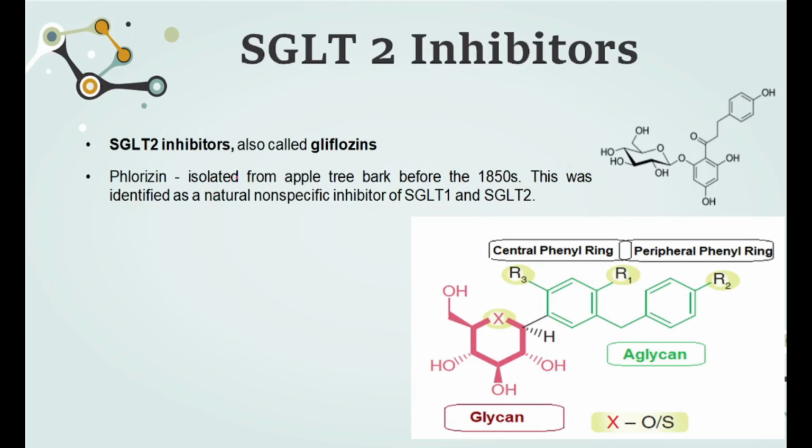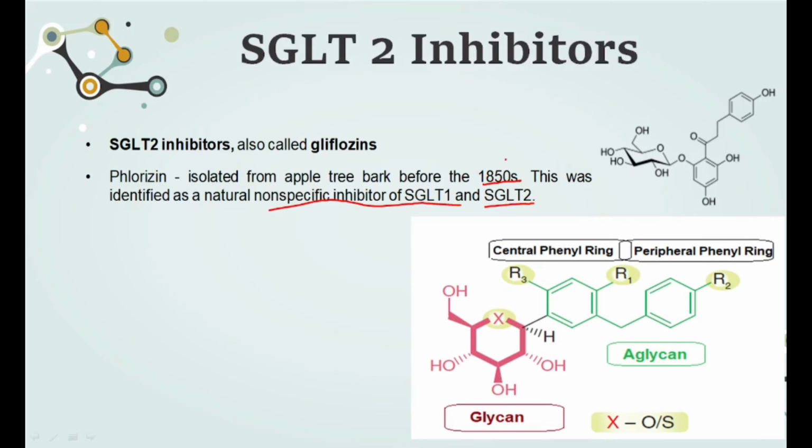Phlorizin was first isolated from the apple tree bark, and it was found in different plants. It was first isolated in the 1950s, and then it was found to be a non-specific inhibitor of SGLT1 and SGLT2.